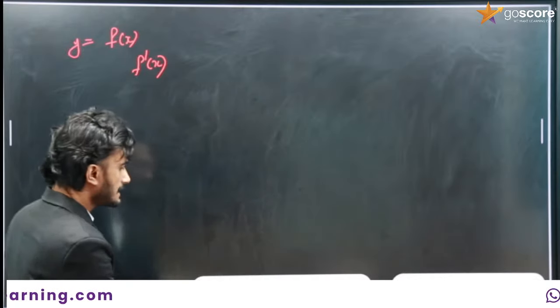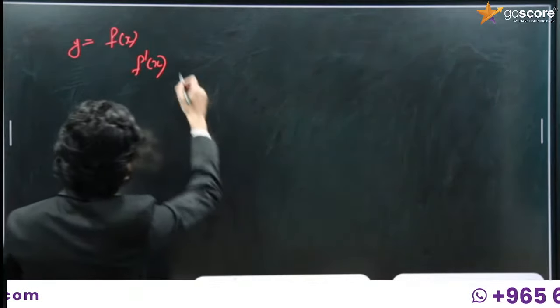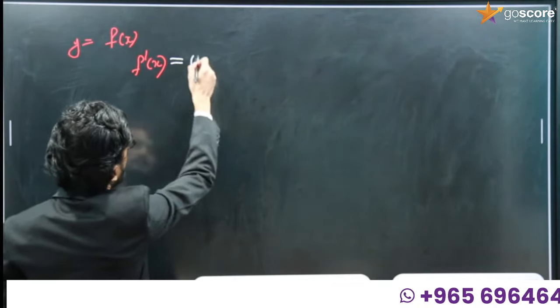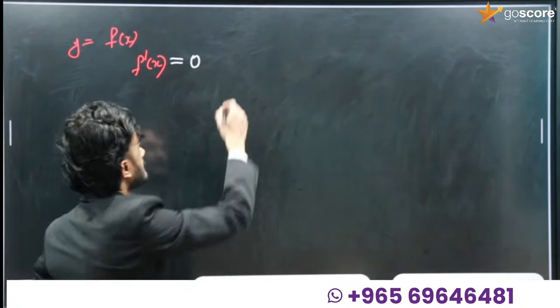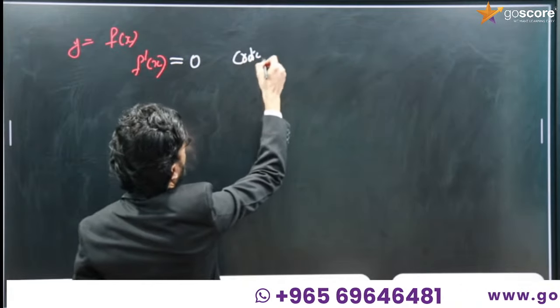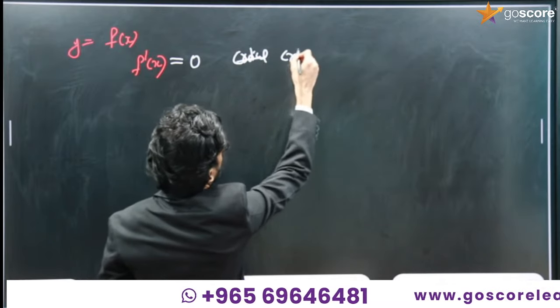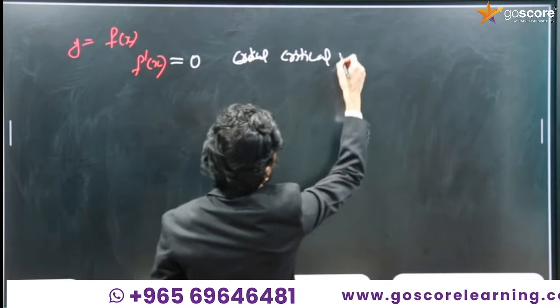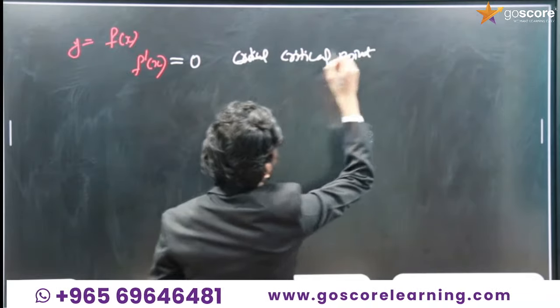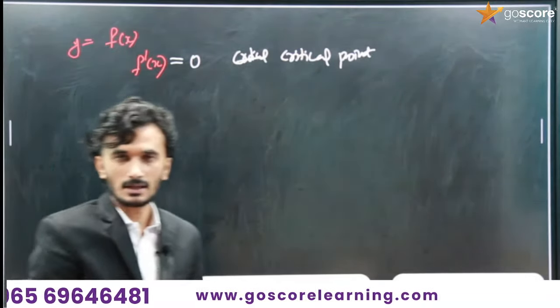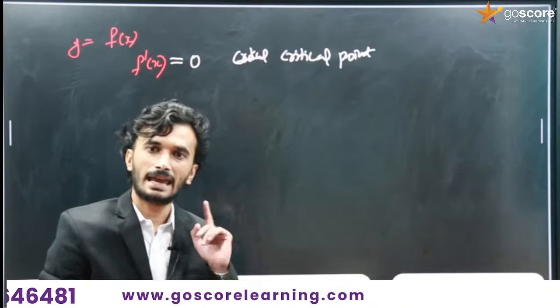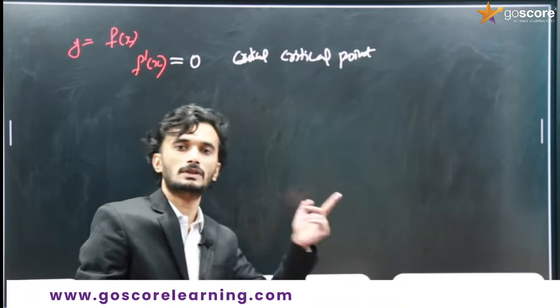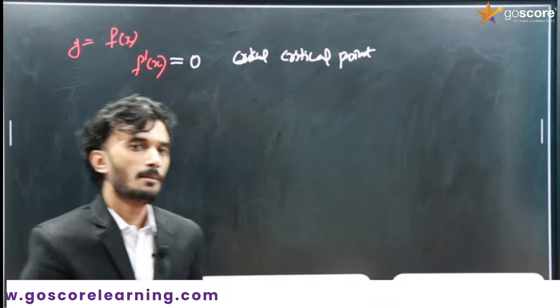So f dash x is equal to 0. This value, where it is equal to 0, is called a critical point. So f dash of x is equal to 0. We will find that x value, and that value is called the critical point.